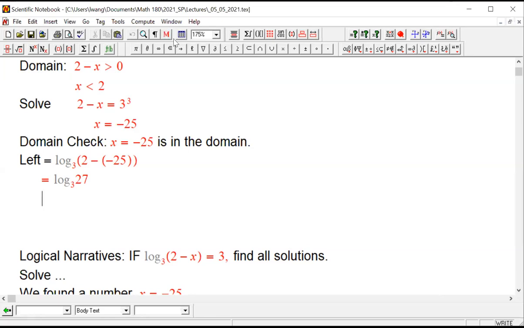So you show the reader, see, 2 minus -25 is 27, and log base 3 of 27 is 3, and 3 is the same as the number on the right-hand side. Then you say thus, x equals -25 is a solution to the equation.